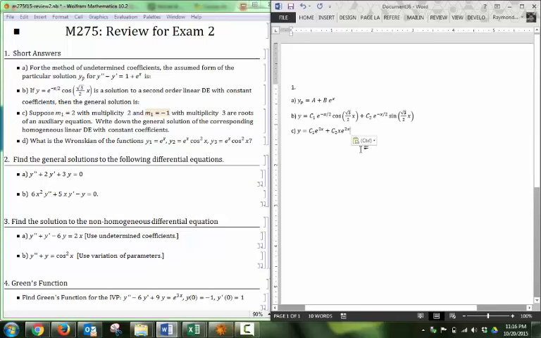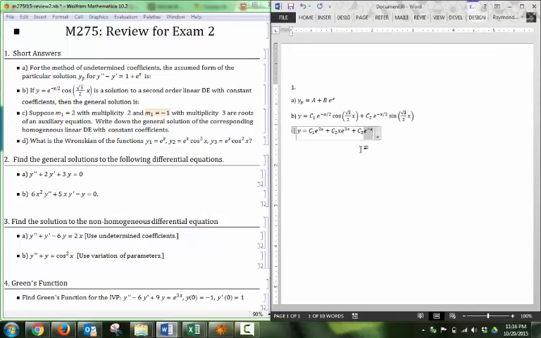All right? So that takes care of m equal to 2 with multiplicity 2. And now we have another m that has multiplicity 3, and that's m equal to -1. So we have another arbitrary constant, C3, and then we have e raised to the -1 times x.